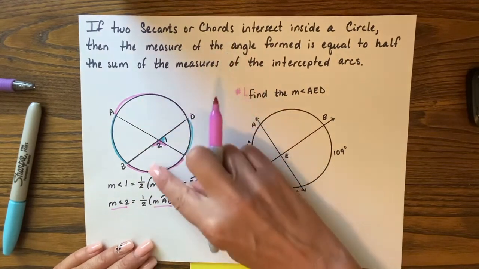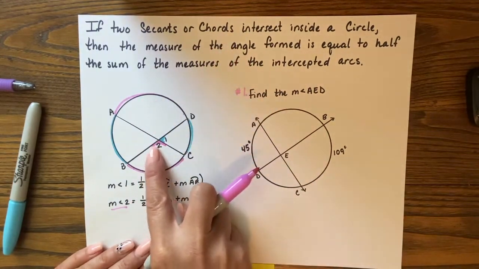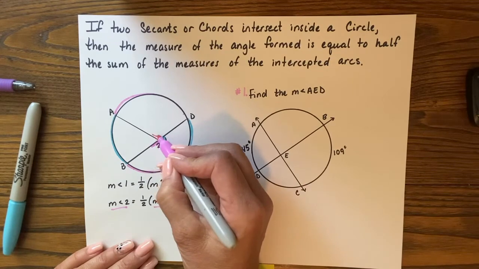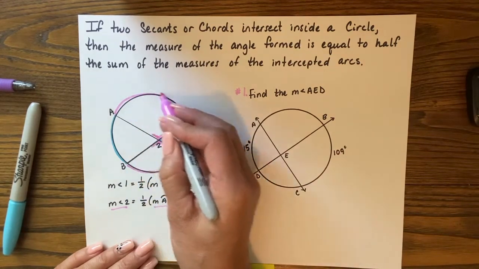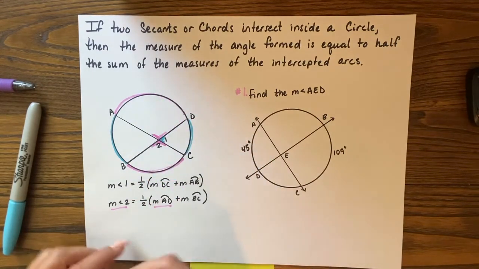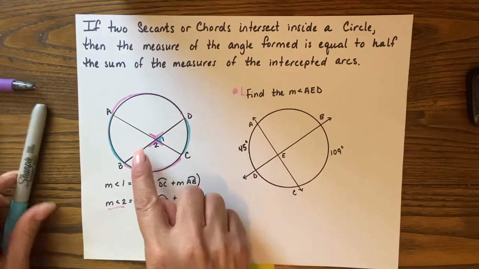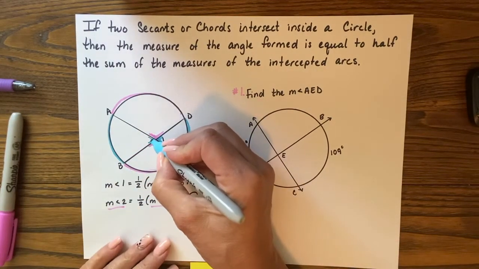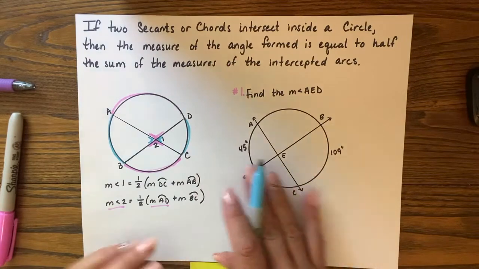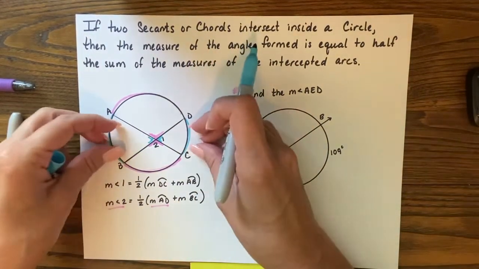So as you can see, they go together, right? If we're talking about these angles here on the inside, then we're talking about the arc above and the arc below. If I'm talking about the two measures of angles here, we want the arc on the side and the arc on the side. So it's the adjacent, right?